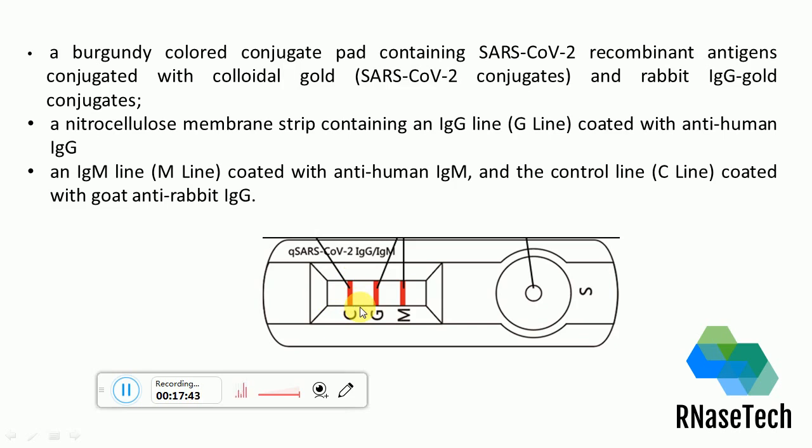It might be the case that a person has only a single antibody. Some persons can only generate IgG, some can only generate IgM, and some can generate both.